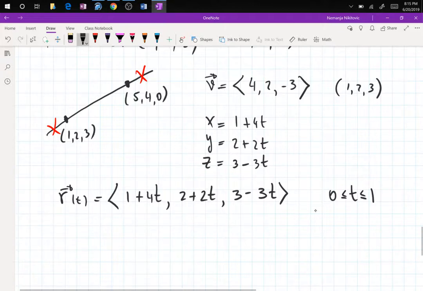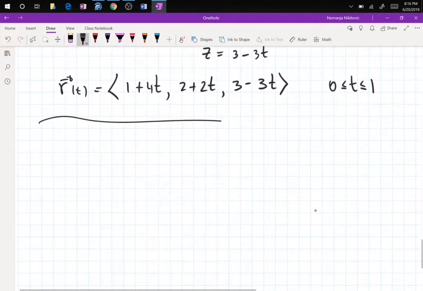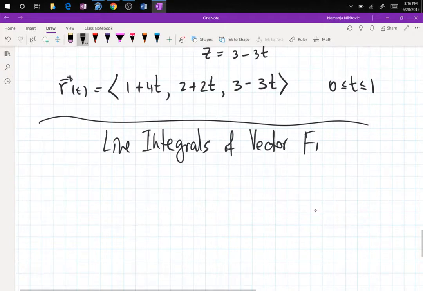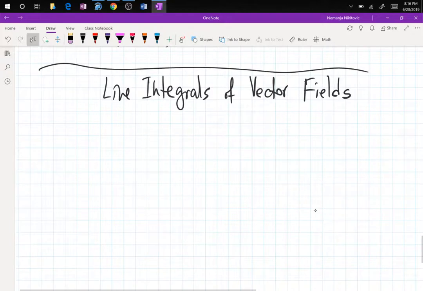So we are done with the line integral, what we call scalar line integral. The next part of this lecture is line integrals of vector fields. We covered vector fields yesterday. We talked about vector fields being functions.